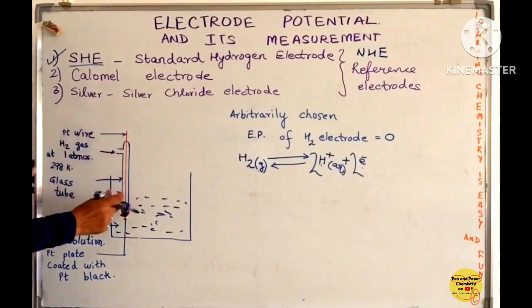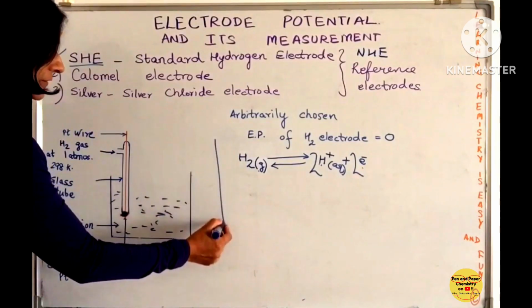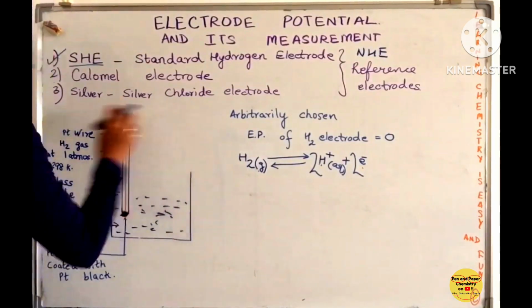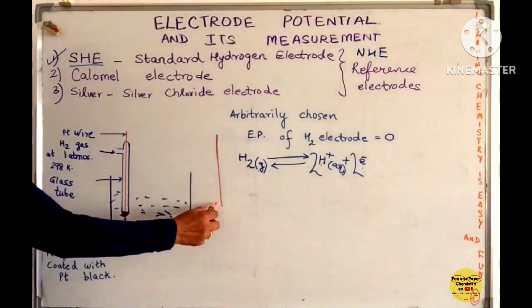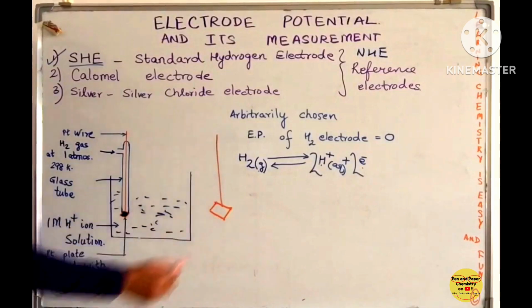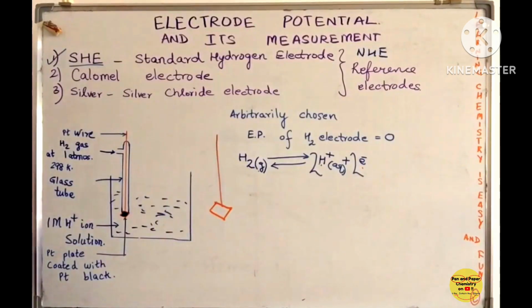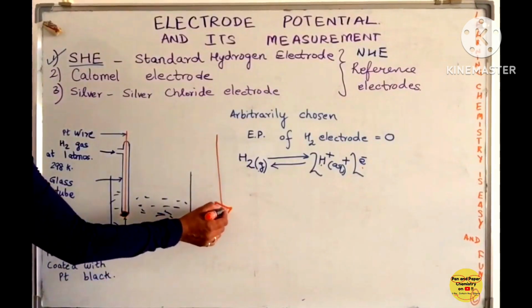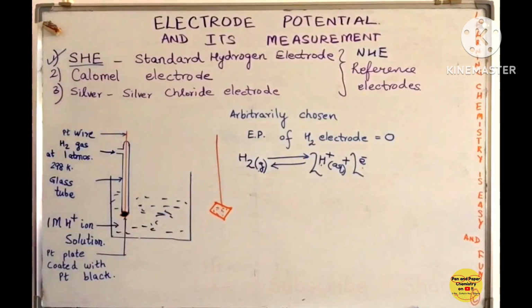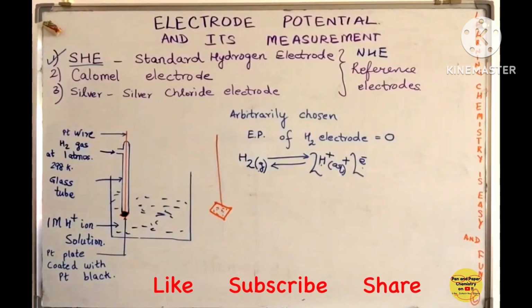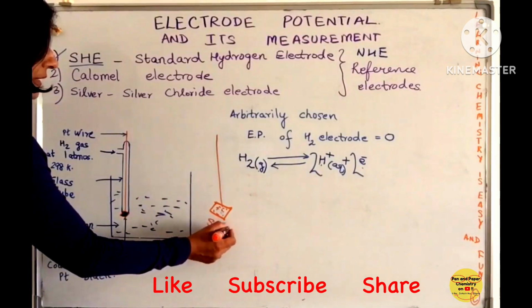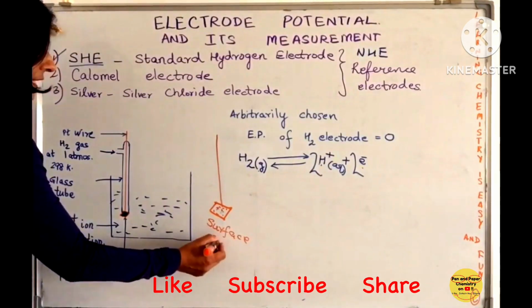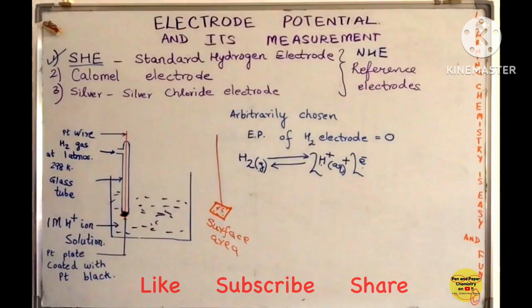At the end of this platinum wire there is a platinum plate, and this is coated with platinum black. Platinum black is nothing but platinum in finely powdered form, which appears slightly black in color. This is done so that we can increase the surface area of this particular plate.